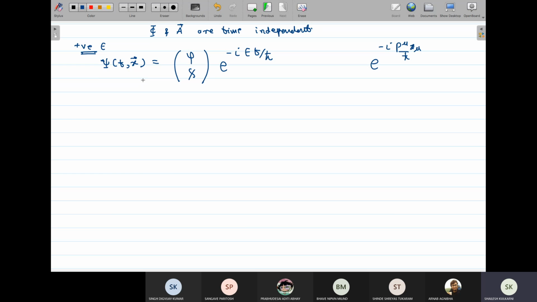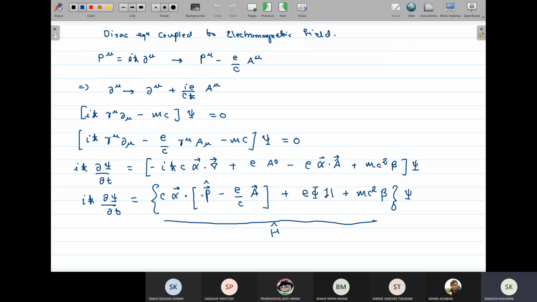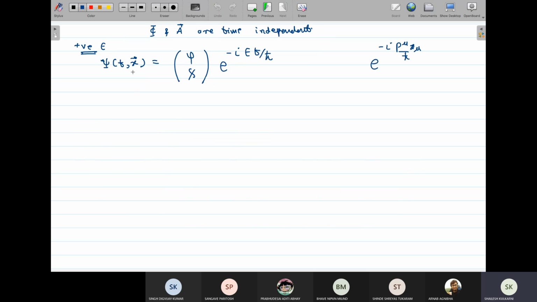Now I will substitute this psi in the equation. If I do that, what am I going to get? i h cross del psi by del t: if I apply del t on this, I will get minus i by h cross, so h cross will cancel, i will cancel.